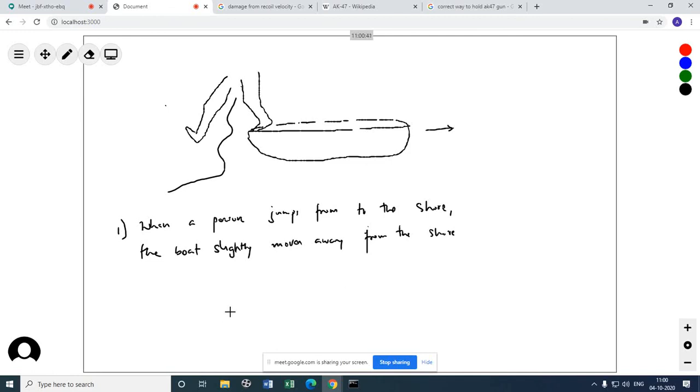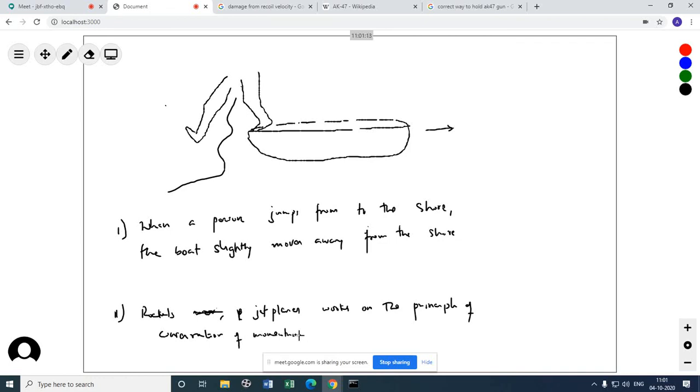And the most important, rockets and jet planes. Jet planes work on the principle of conservation of momentum.